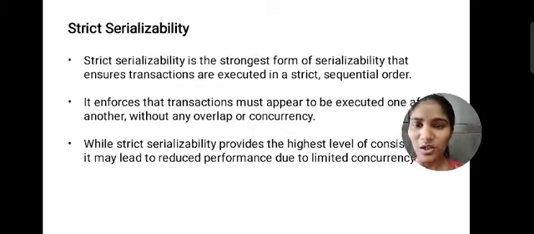It enforces that transactions must appear to be executed one after another without any overlap or concurrency. So strict serializability states that there should be no parallel transactions, and no other transaction should interrupt one of the transactions. So it always maintains the serial actions.